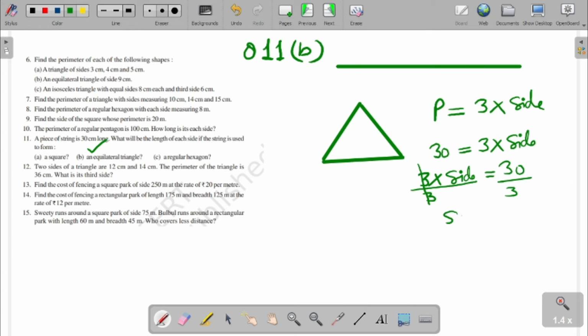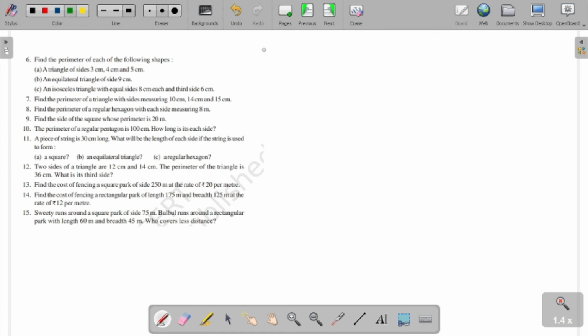So side is equal to 10. So side in case of equilateral triangle is 10 centimeter. This is the B part. Then we talk about the C part.